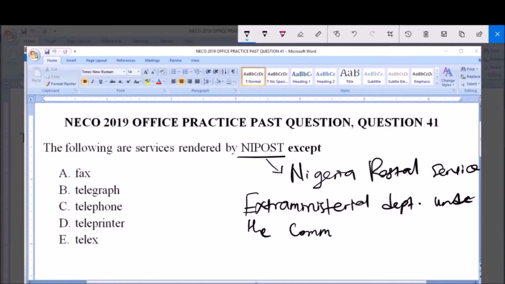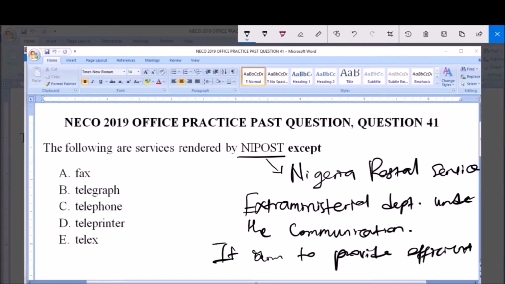It is a department that deals with the exchange and transfer of communication all over Nigeria. NIPOST aims to provide efficient postal services to the nation.